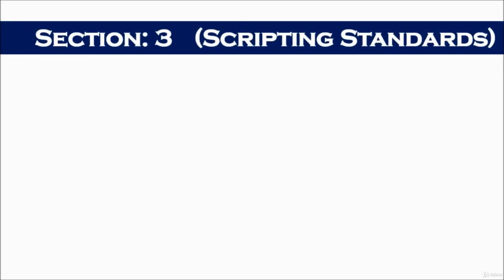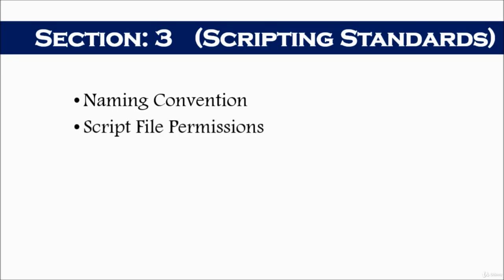Then moving on to section 3. In section 3, we will cover the scripting standards. What exactly are the standards that you should follow when you are writing a shell script. And those are how to name your shell script, so this way you will have a proper naming convention for your shells. Script file permissions.